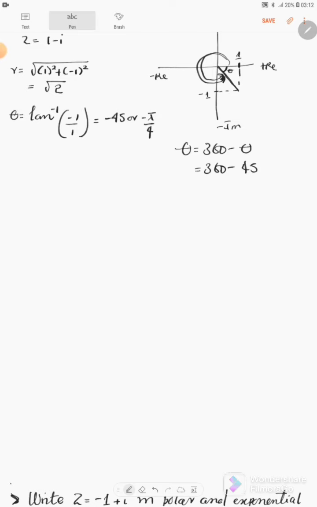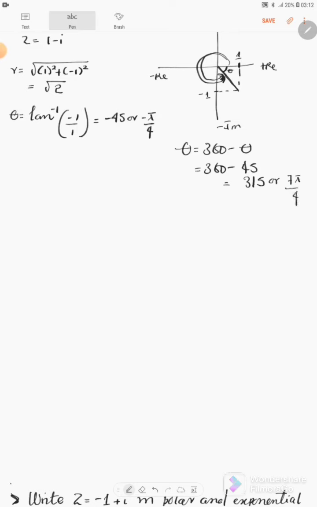That's 360 minus 45, which gives us 315, or converting this to radian, 7 pi over 4.